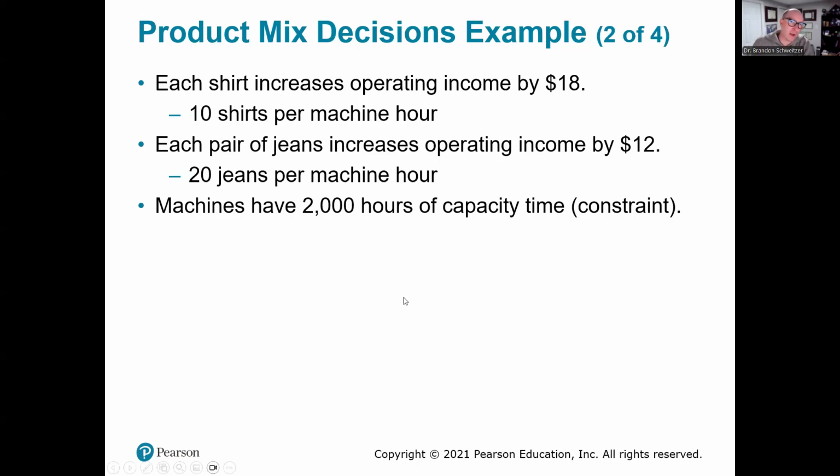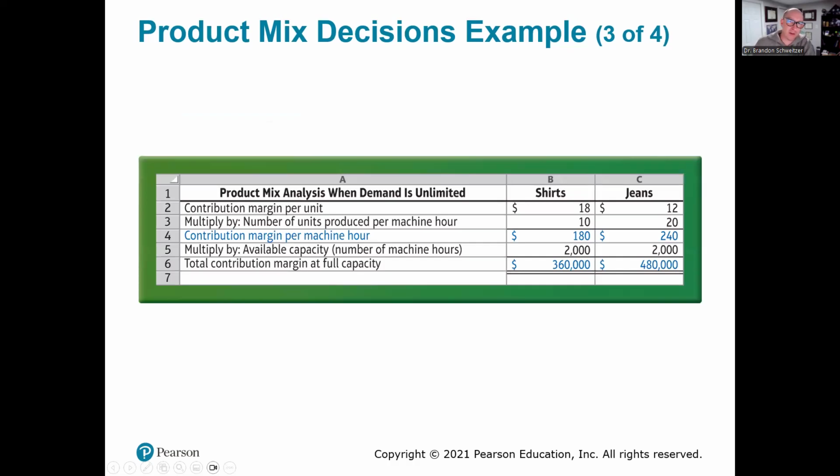So what I need to do is plug those data into my formula to get my total contribution margin at full capacity. I take my contribution margin per unit and multiply that by the number of units produced per machine hour to get a contribution margin per machine hour.